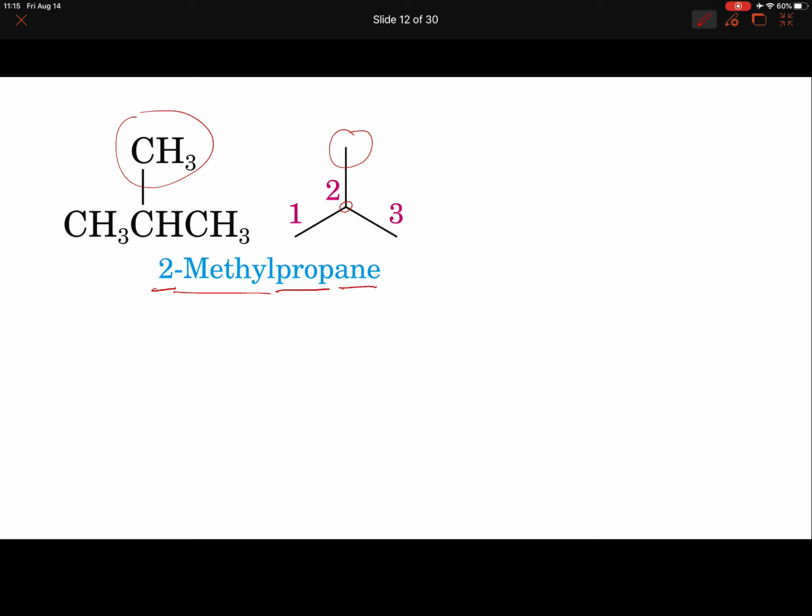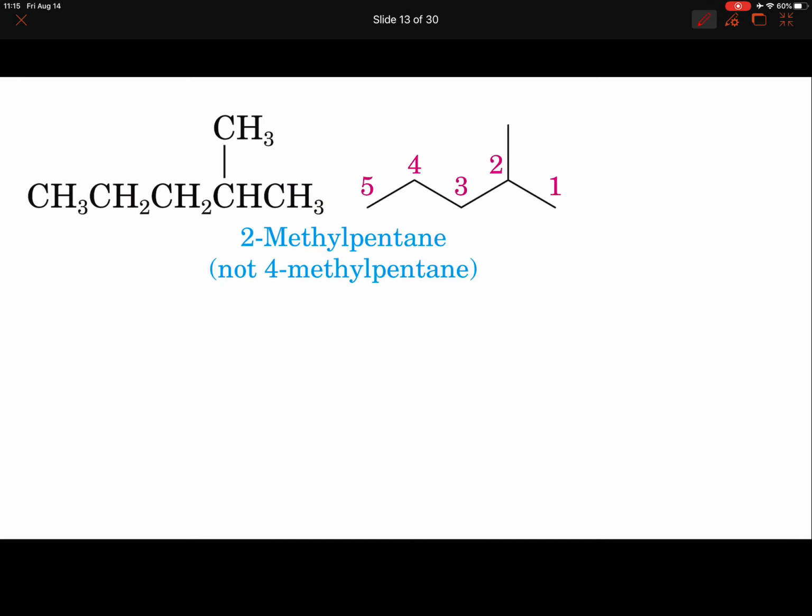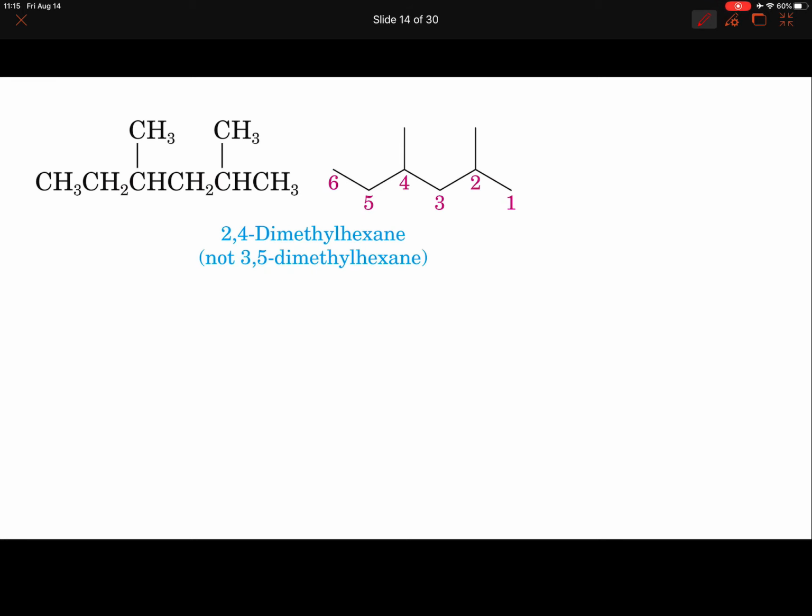And if there is one substituent, as I mentioned, we do want to give it the lowest number. So here's an example of that. Here, if we numbered 1, 2, 3, 4, 5, we would still call this pentane, but we might call it 4-methylpentane. And so we want to give it the lowest number. If there is a substituent that occurs more than once, this happens.